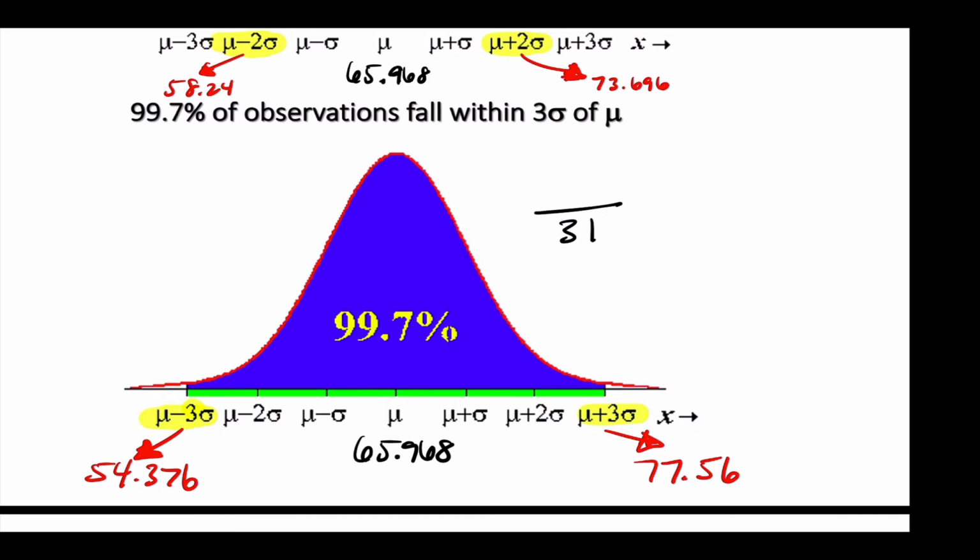Okay. So how many are in between 54.376 and 77.56? I believe it's all of them. I don't think I had anyone shorter than 54.376. I don't think I had anyone over 77.5. So 1.0, 100%.